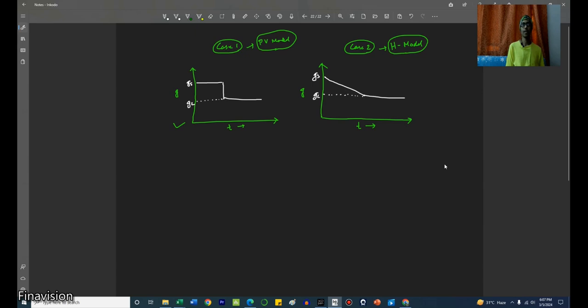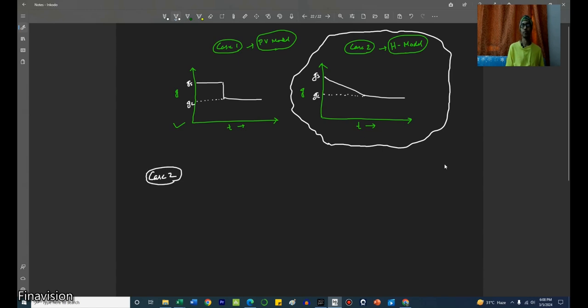Friends, now we will pay our attention to case 2, that is this one. And we will also look at how to implement the H model. So, let's take case 2. Initial rate was, let's say, 15%.